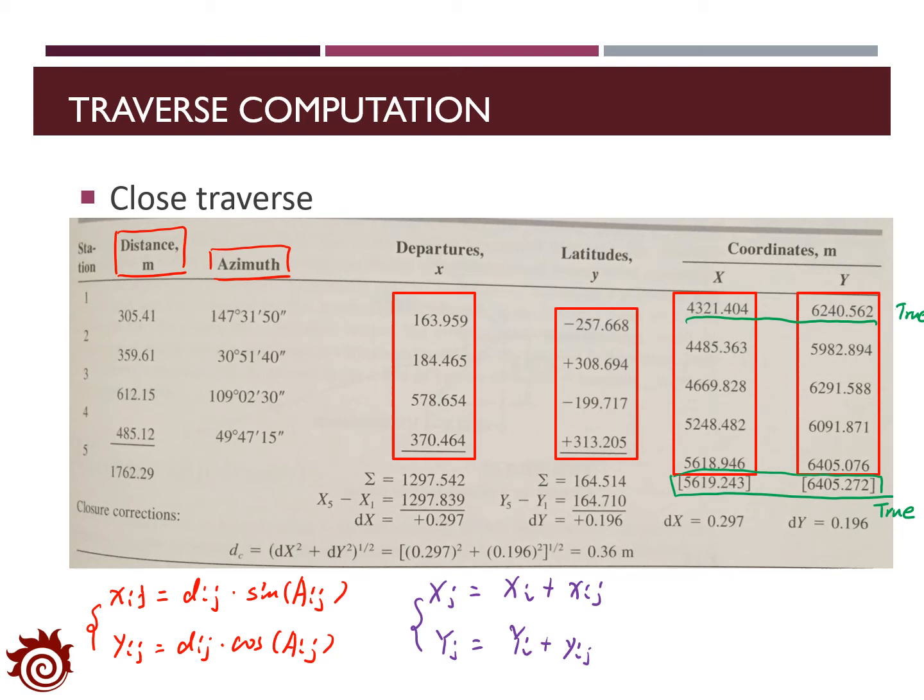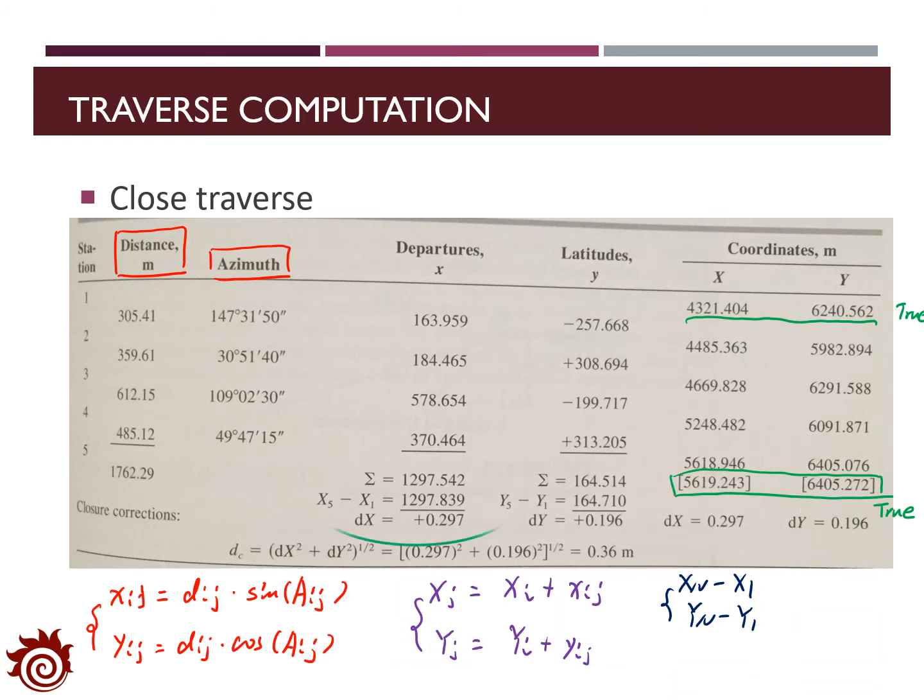First, we want to find out the value of x_m minus x_1 and y_m minus y_1. For x_m minus x_1, which can be represented by the true coordinates at the point 5 and point 1, it will give us the value as 1297.839.